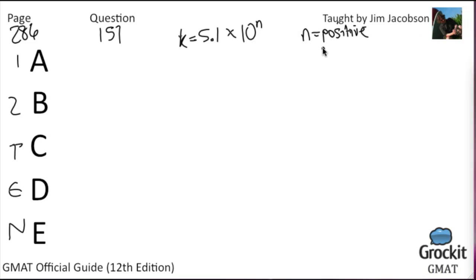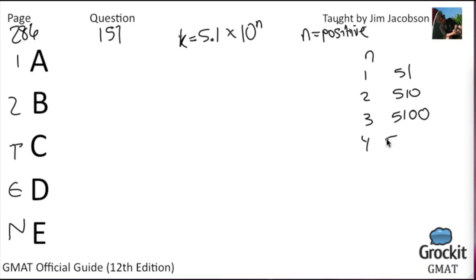With questions like this, it really is easy just to figure out what some of the values for the real number could be. So if n is positive, it can't be 0, so we're dealing with n equals 1, 2, 3, 4, that's probably enough. So if it's 5.1 times 10 to the first, it's going to be 51, 510.